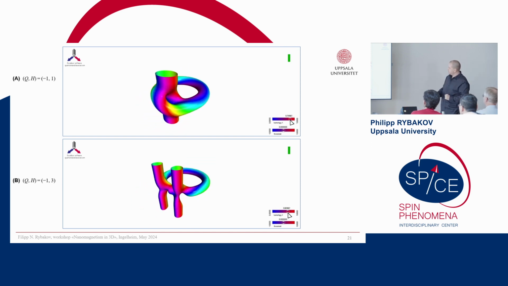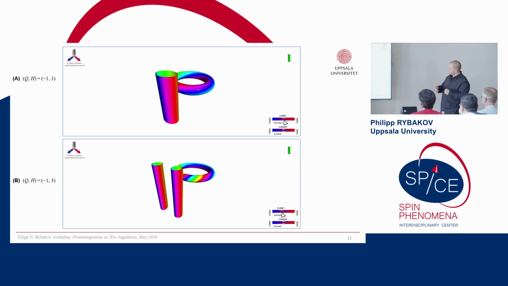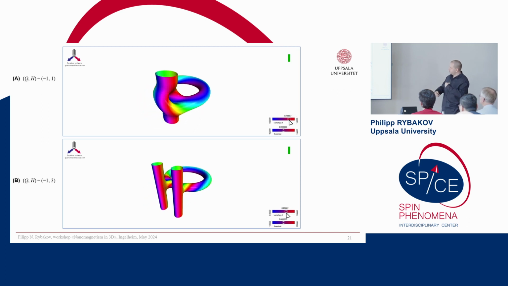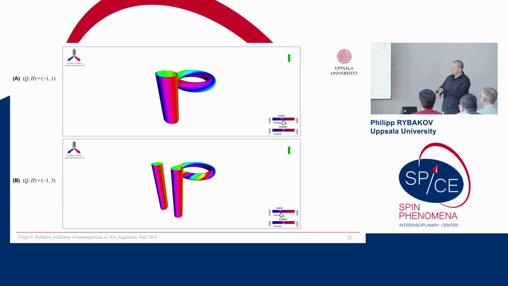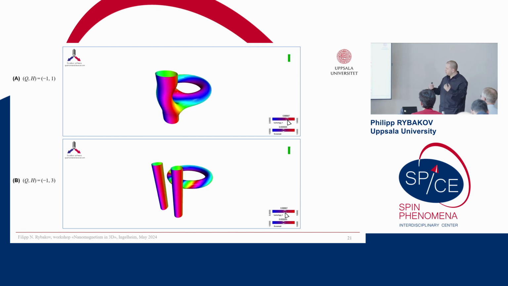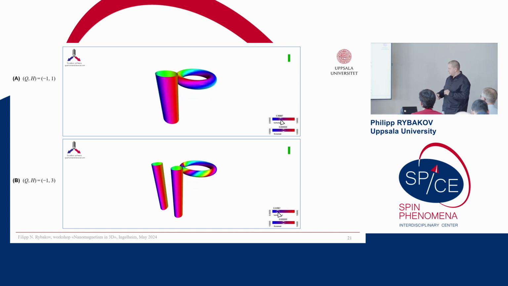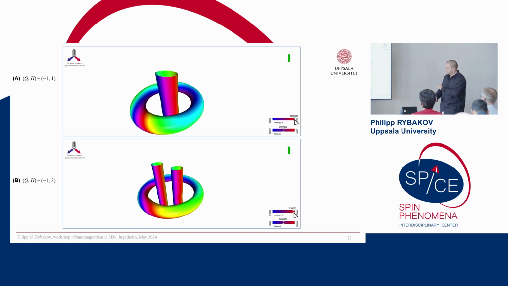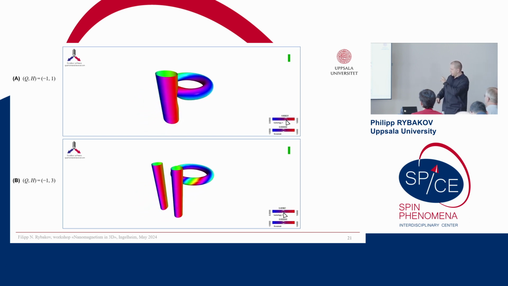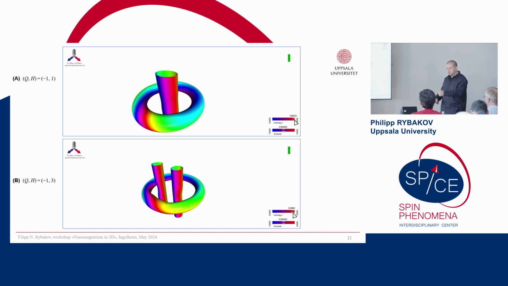In the top case, one can see that the intrinsic topology of the hopfion changes to the opposite one. So it's like adding a charge 2 to the intrinsic structure of the hopfion. And for the bottom case, the hopfion ring is the same, but there are two skyrmions. And what is happening is like addition of charge 2 twice.